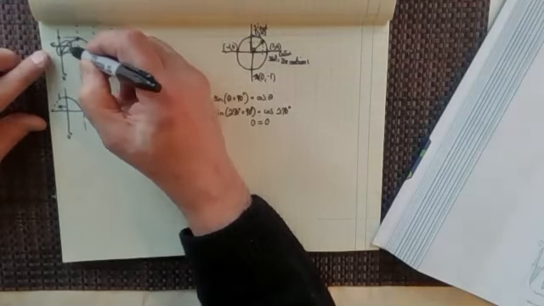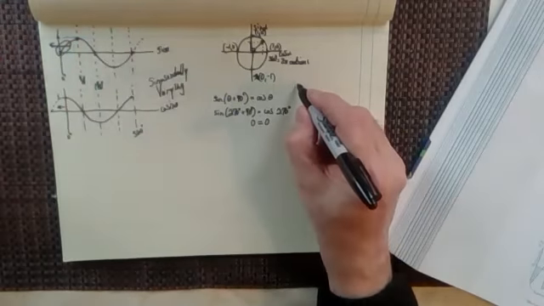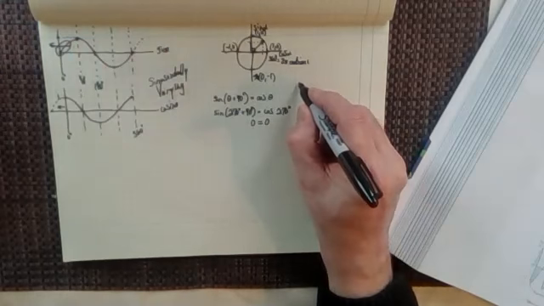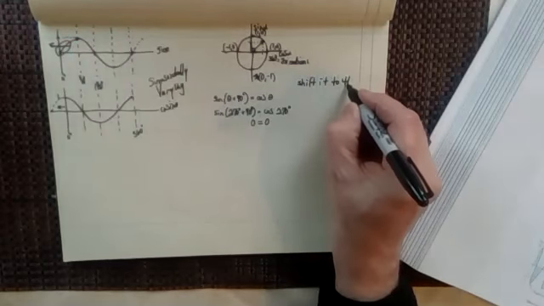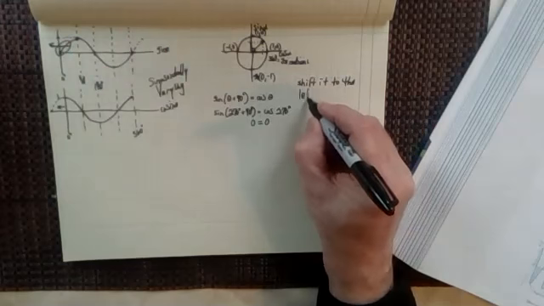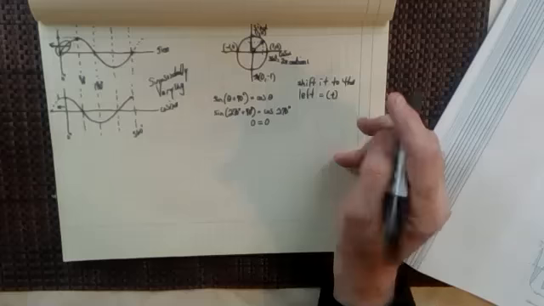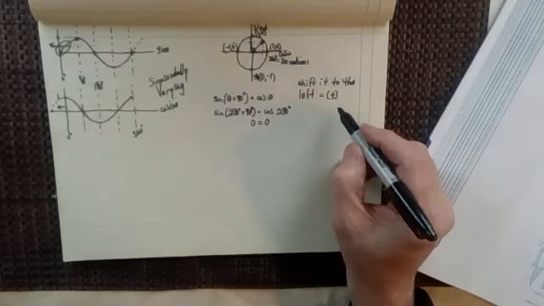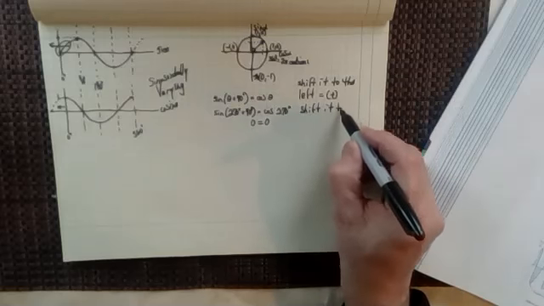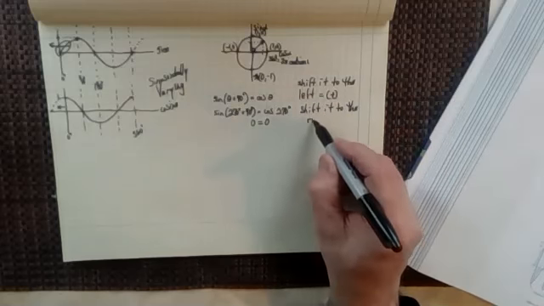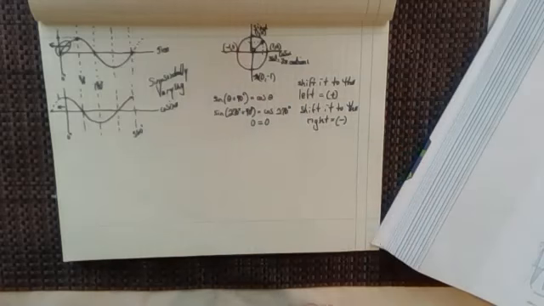So if I have a sine wave and I shift it to the left, that means you're adding that angle to the wave. If we shift it to the right, that means that you're subtracting that angle from the wave.